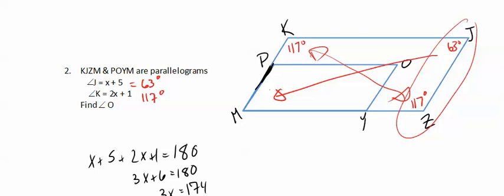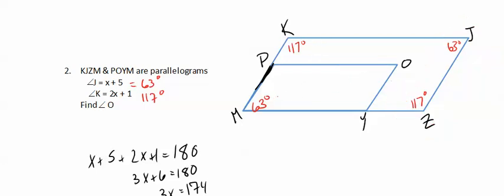Again, this is congruent to angle J, so this will be 63 degrees. I also know that the smaller figure is also a parallelogram, so again, these will be congruent. And then O and this angle right here will be supplementary, so it's 117.